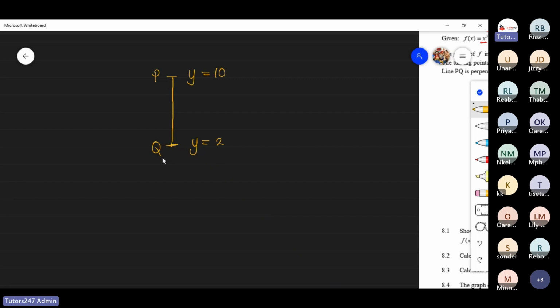So if you want to find the height, because technically finding the equation of a vertical line is the same as finding the height of that vertical line. So we have PQ. If we want to find the equation or the height of this line, all you do is say top minus bottom. So we're going to have 10 minus 2, that gives us 8.